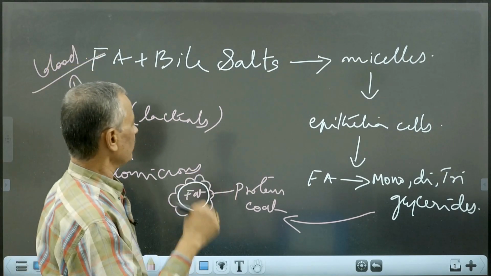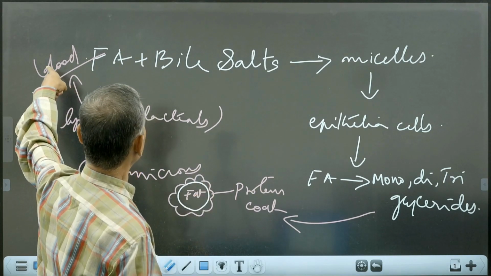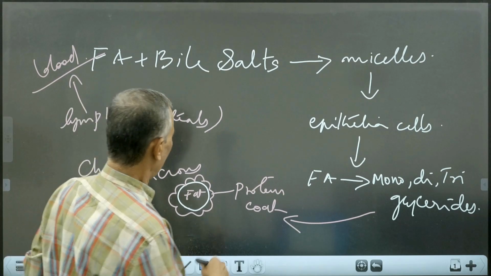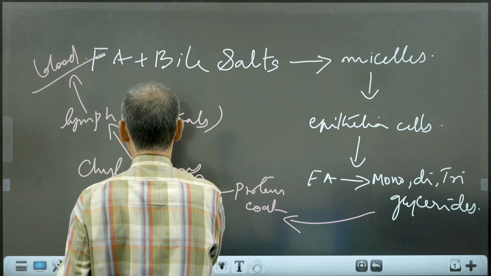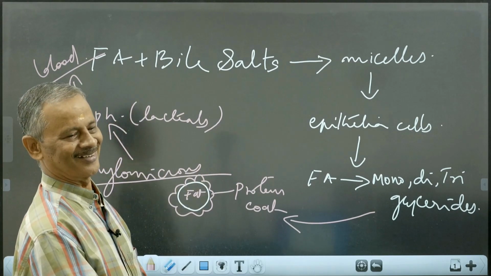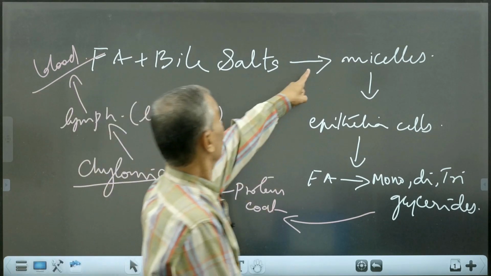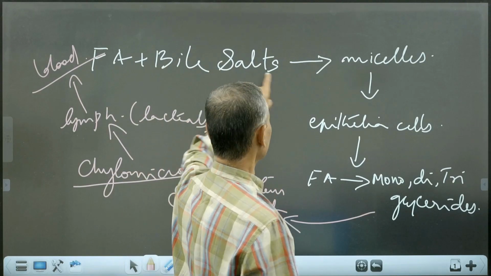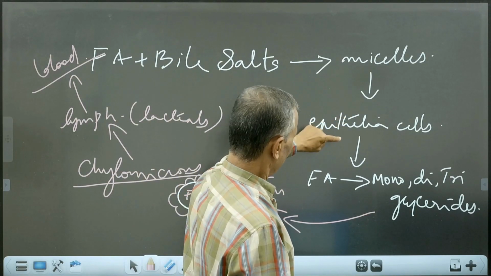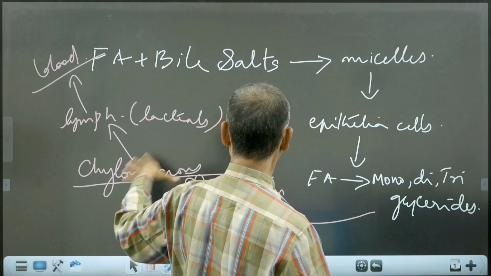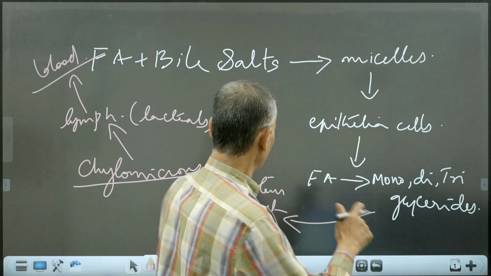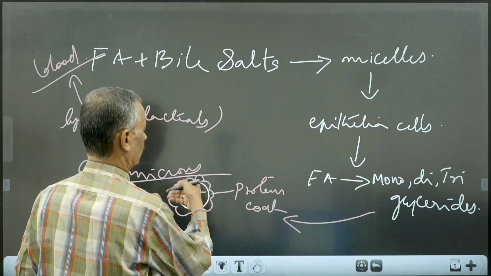Then you may wonder why it is now taken by the blood: because these chylomicrons are soluble or miscible with water. That's the technique. The fatty acids are immiscible. They cannot be absorbed directly into the blood, but they are all made into chylomicrons, which are soluble or miscible because they have a protein coat.